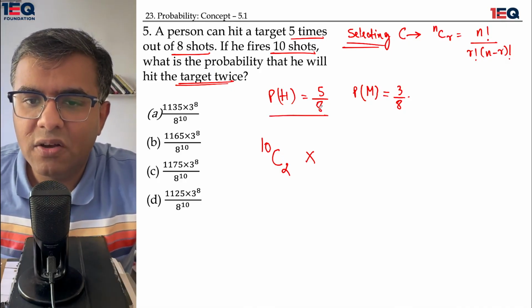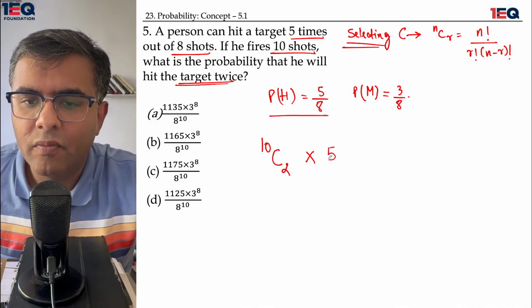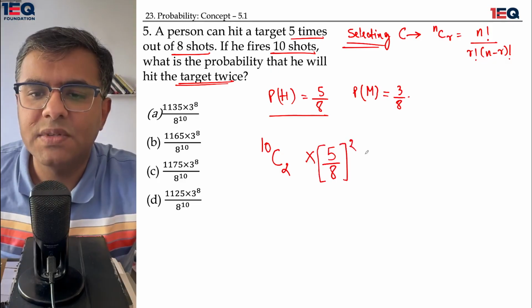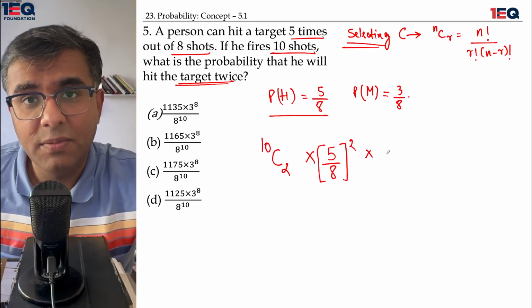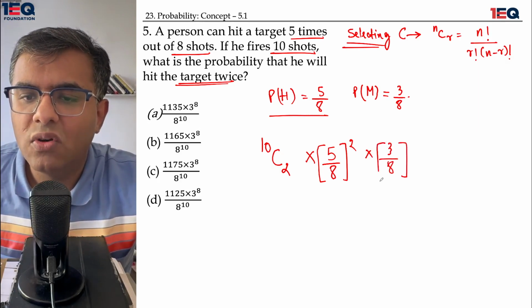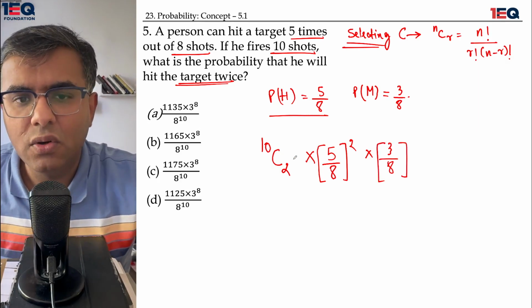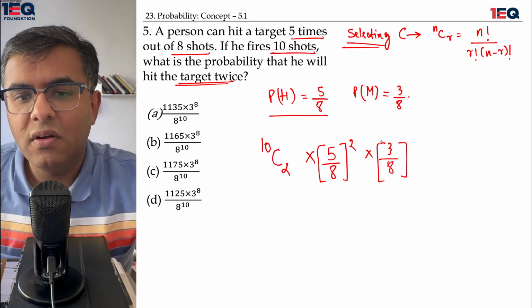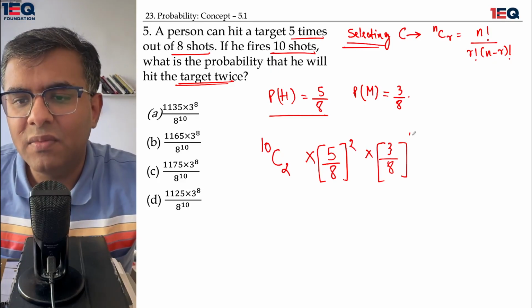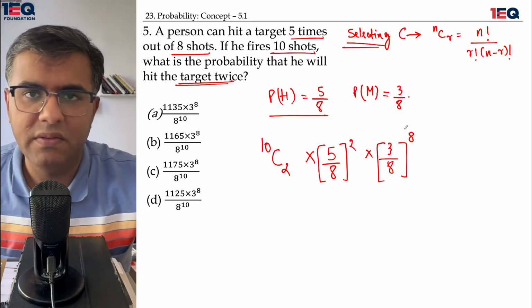So the probability of hitting is 5 by 8, and this probability should sustain 2 times. What about the probability of missing? The probability of missing is 3 by 8, and out of a total of 10 shots, 2 of them have to be favorable and 8 of them can be unfavorable.